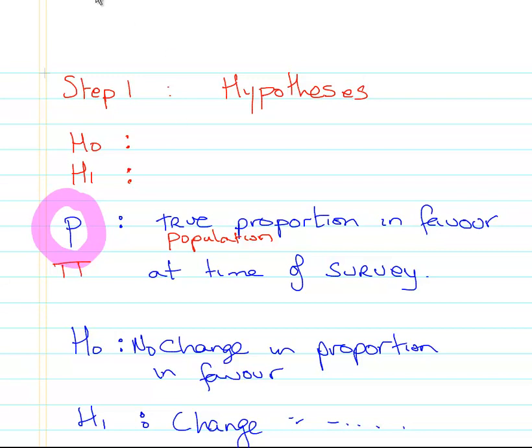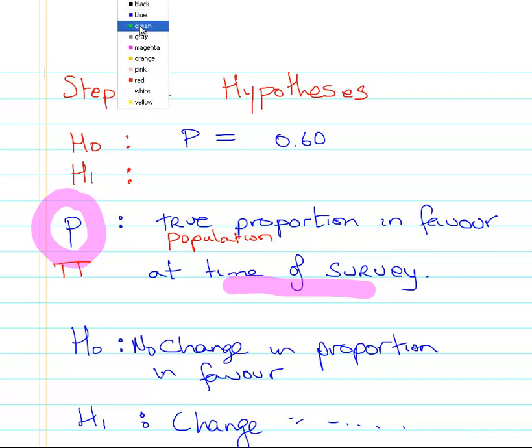I use P because it's a little bit easier to write. So P equals 0.60, that is to say, at the time of survey. That's important. There's been no change from last week to this week in terms of the true proportion, so there is no change in the number of people in favor.